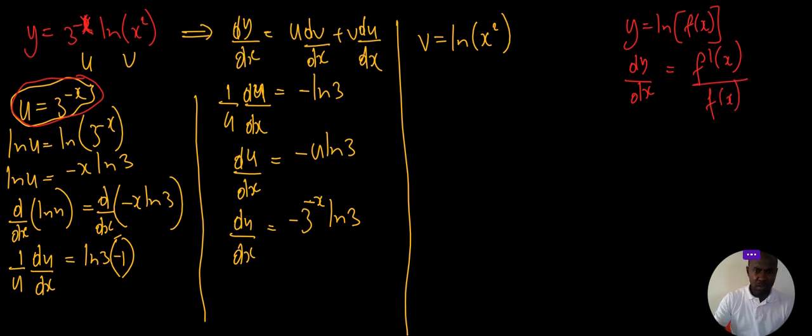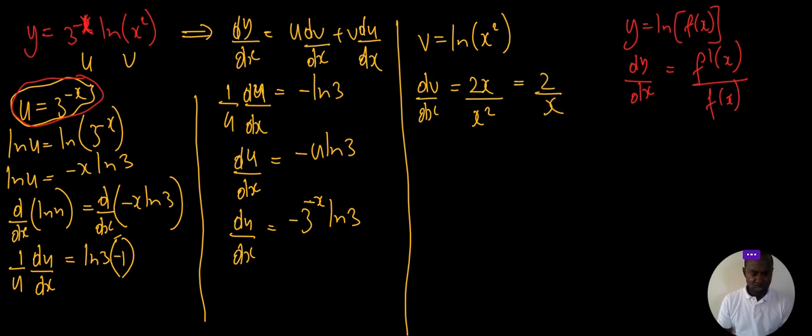So dv by dx equals, in this case, where f of x is x squared, the derivative of x squared, which is 2x, divided by x squared. And of course, that gives us 2 over x.